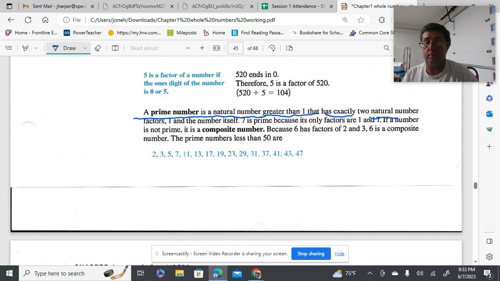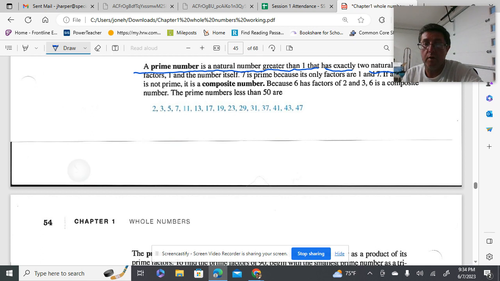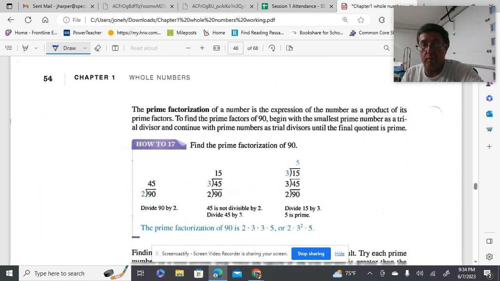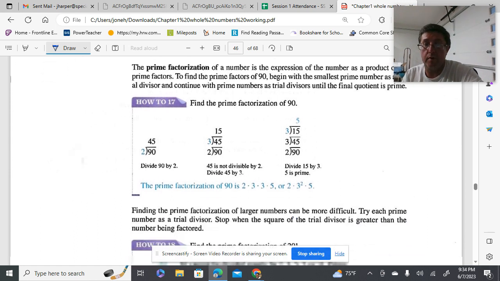So the numbers 2, 3, 5, 7, 11, 13, 17, 19, 23, 29, 31, 37, 41, 43, 47 are all prime numbers. Only themselves and 1 are the numbers that will go into them.